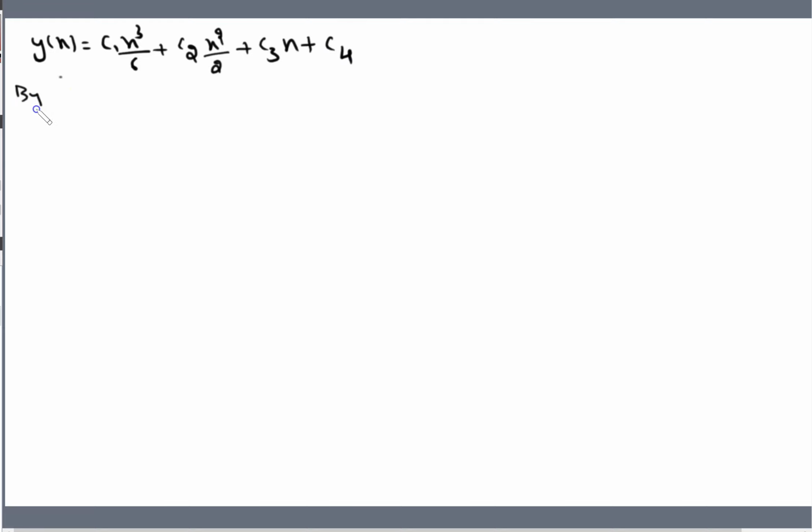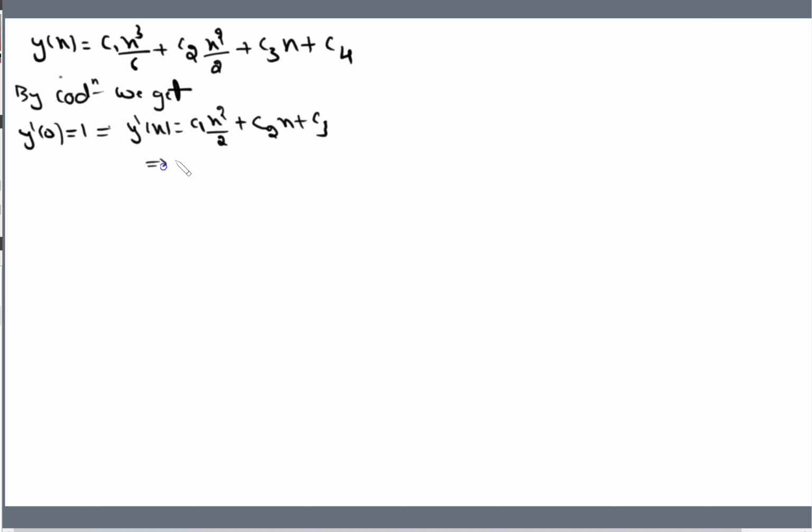Now by using the boundary conditions, we get y dash of 0 is 1. It implies that y dash of x is equal to c1 x square by 2 plus c2 x plus c3. Now put that value, we get c3 is equal to 1, and one more condition, y dash of 1 is equal to 1.